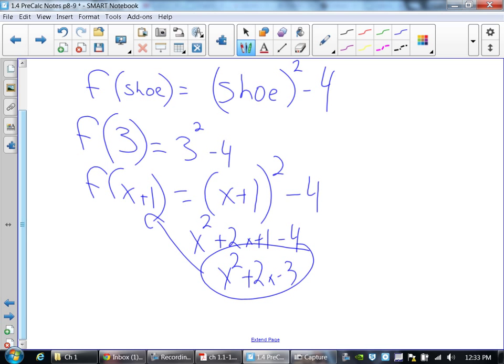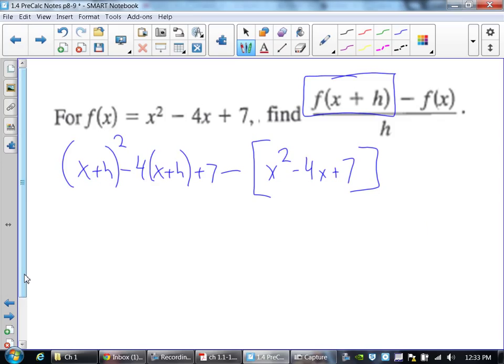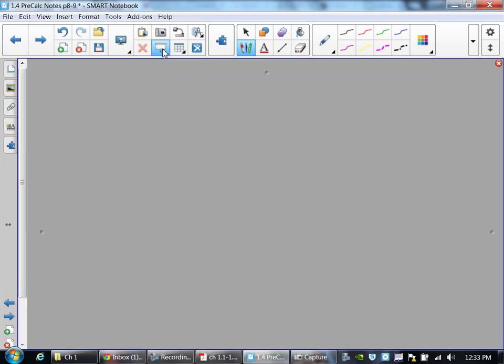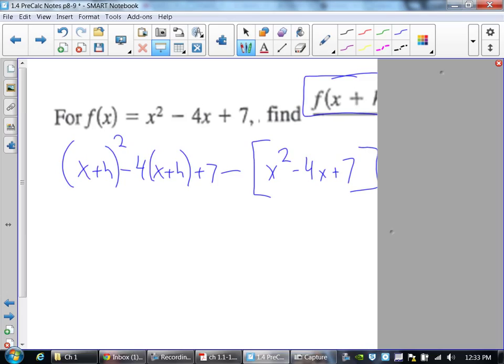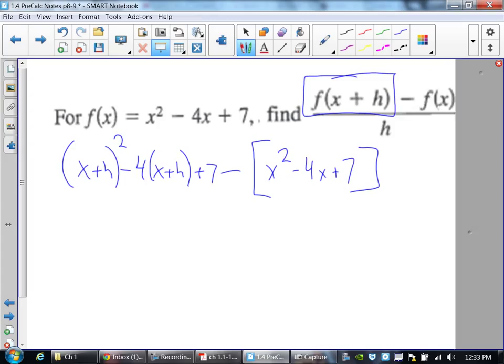Okay. Now, if I'm doing it this way, this is just basically two parts put together in one problem. If you want, you can do this part first, write it down. After you write this part down, then you just subtract the original function.